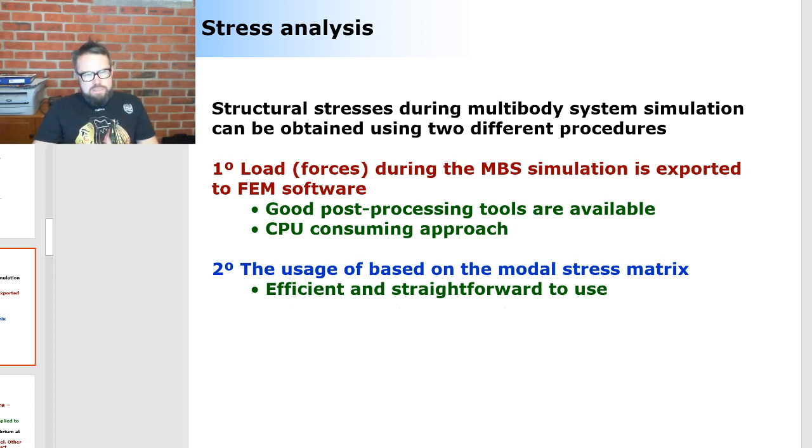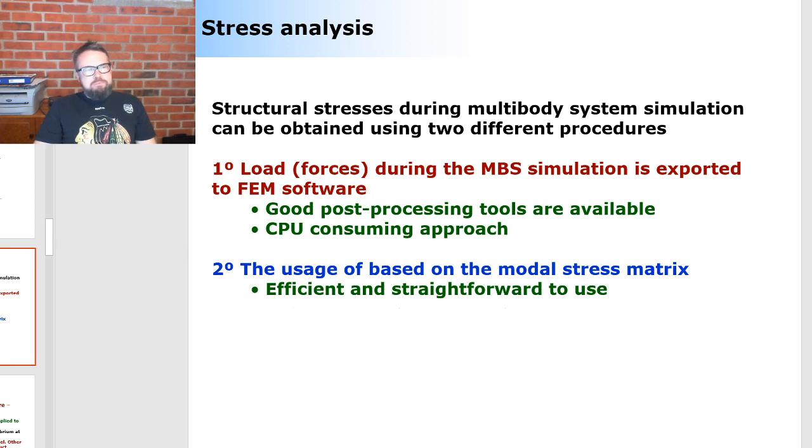The first approach is that you just take the forces that are applying in your model. That means all the forces: reaction forces due to the constraints, inertial forces, all the forces that are applying. You take the forces, convert those to input files for your finite element code, export that information, put it in your finite element code and solve the deformation.